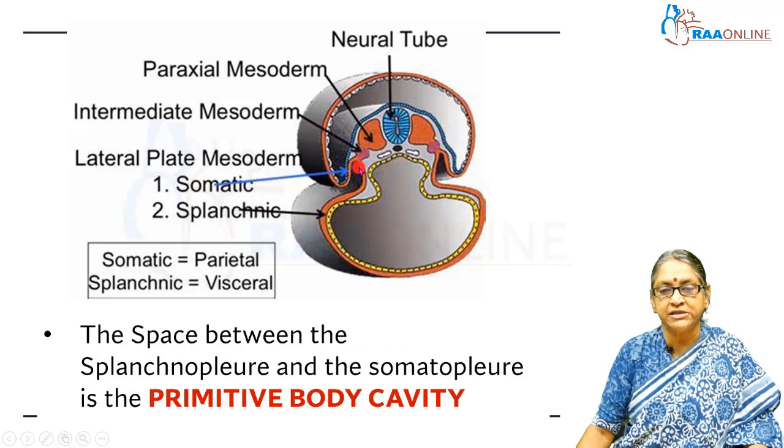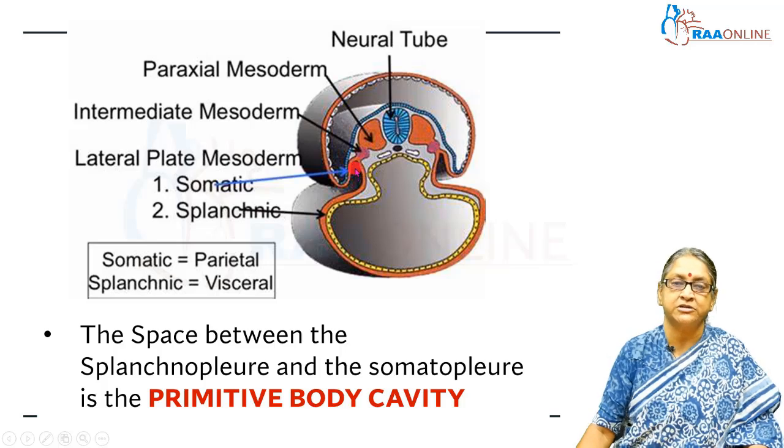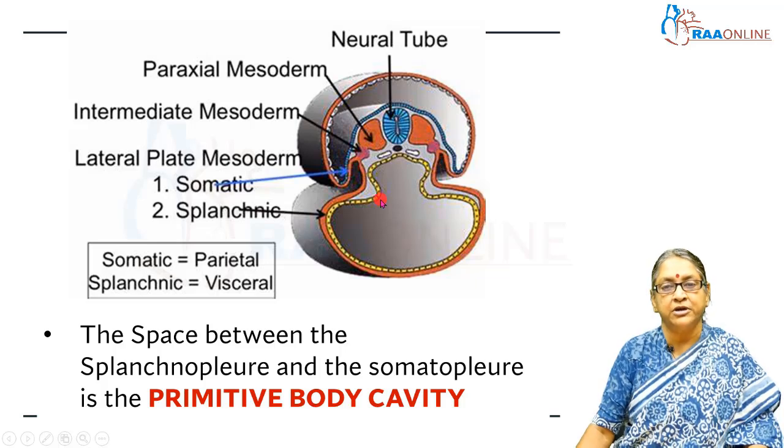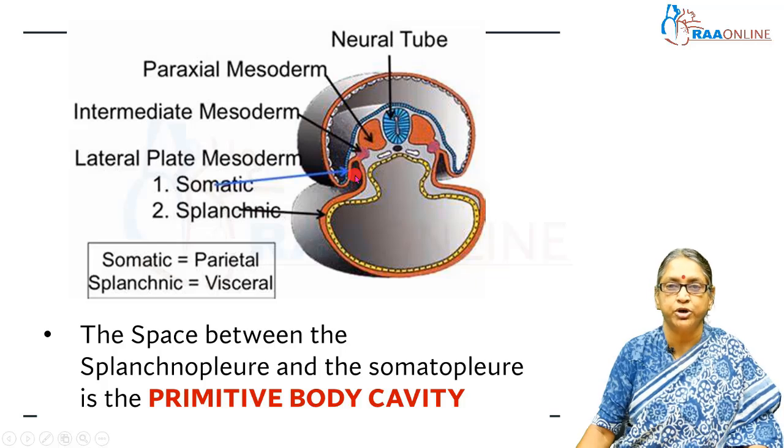The space that gets trapped between the splanchnopleure and the somatopleure will become the primitive body cavity. Why do I call it primitive? Right at this stage, the body is not completely formed, and this is in continuation with the extraembryonic area. So this is now called the primitive body cavity.